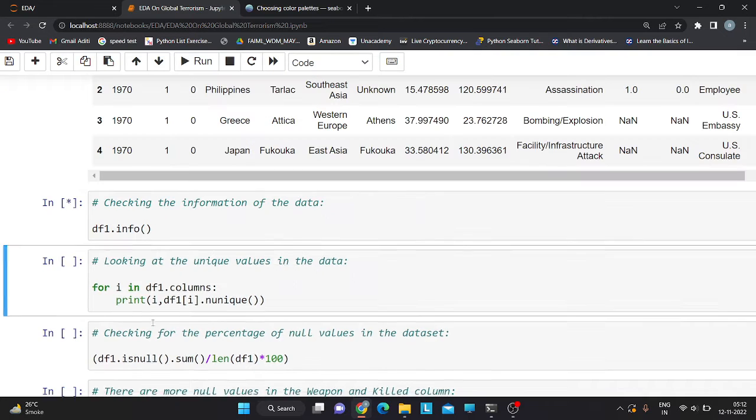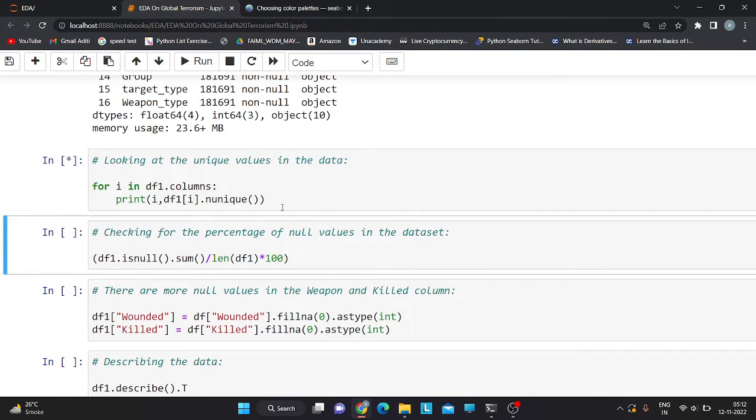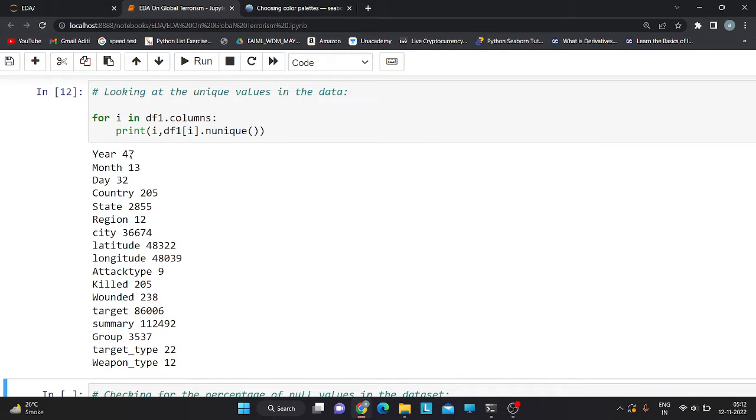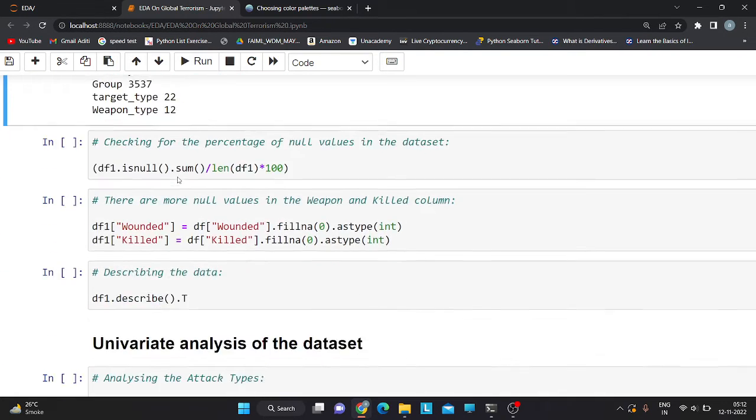So let me run this. After running this, I get here 47 unique values. For month there are 13, for day there are 32, and so on. Countries 205, there are 205 countries that we are considering in our analysis.